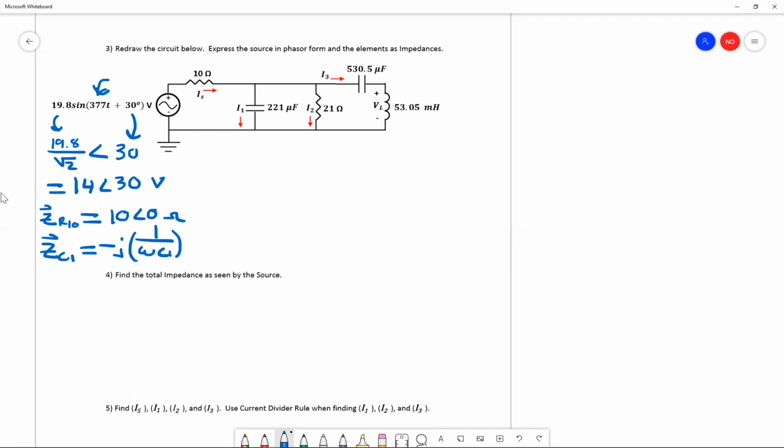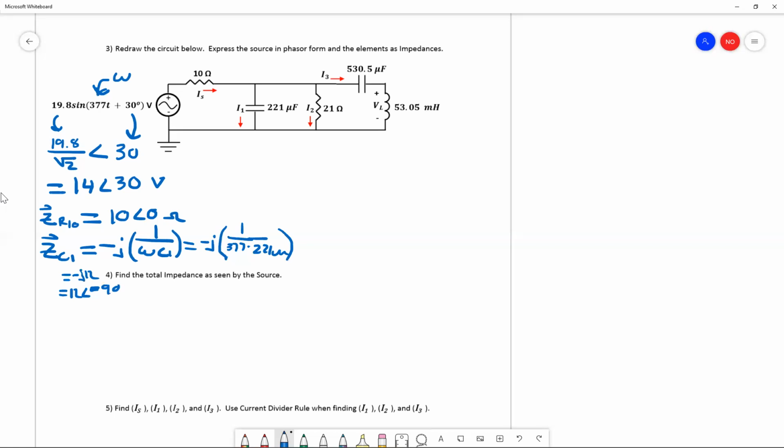That right there is omega, so that's 377. Negative J 1 over 377 times 221 micro. And that's going to give us like negative J 12. Okay, that can also be 12 at an angle of negative 90.